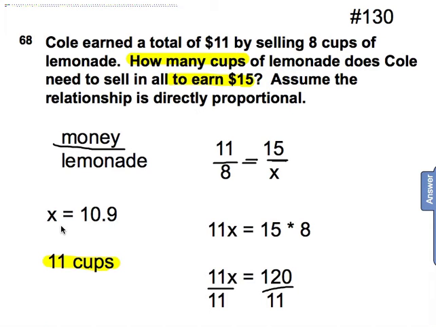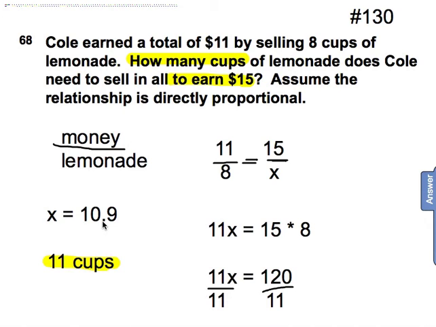Now, there are a couple things that need to be thought about here. First of all, you can't have part of a cup of lemonade, so we know 10.9 is not the answer. But we have to think about, is 10 enough lemonade, or do we have to round to 11? In this case, with rounding rules, you would round up to 11. But we can't always follow rounding rules. You have to look back at the problem.